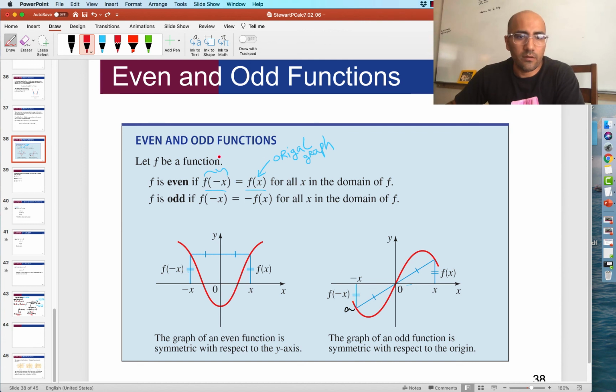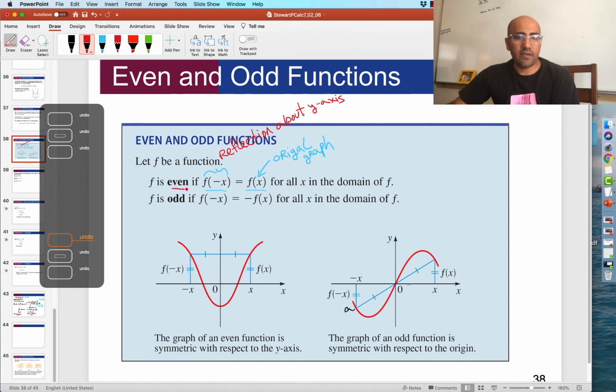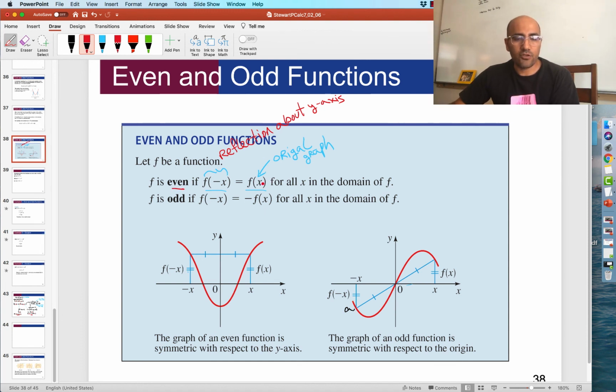And put it in red. Reflection about y-axis. Right? So if a function is even, it is true that that function and a graph, which is a reflection about the y-axis, equal each other.